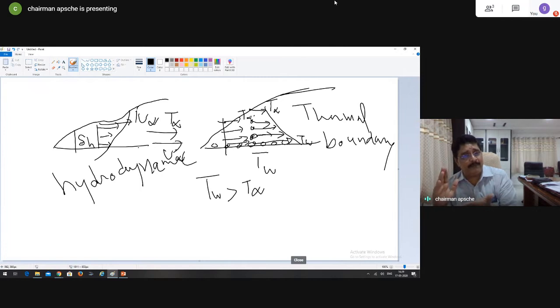Initially, the first application of fluid mechanics was the irrigation canals built during the Britishers' time, right? When the irrigation canals were built, people, with all their scientific knowledge, started measuring the discharge.